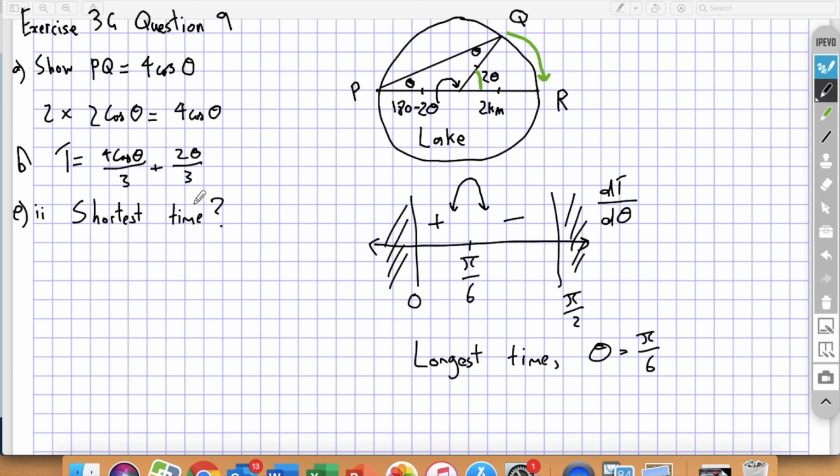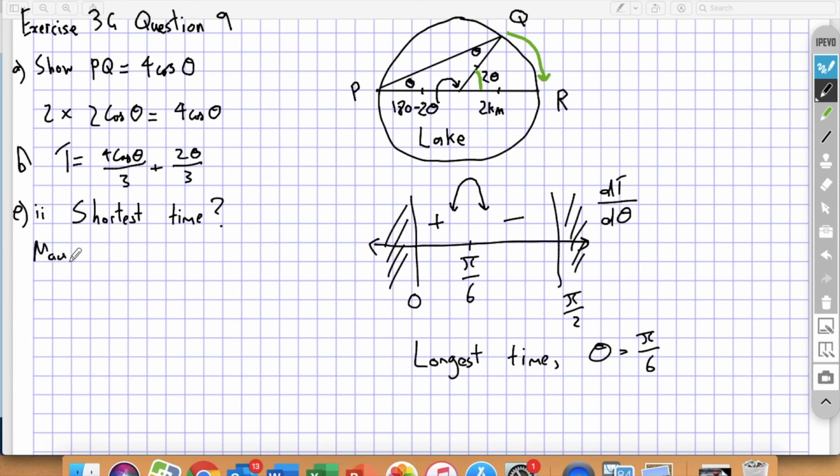Anyway, the shortest time. It's not at pi on 6, is it? Okay? And the important concept that I'm trying to get to is that we can often have optimal solutions at our boundaries. So I think maybe the shortest time is here when theta is 0 degrees, right?